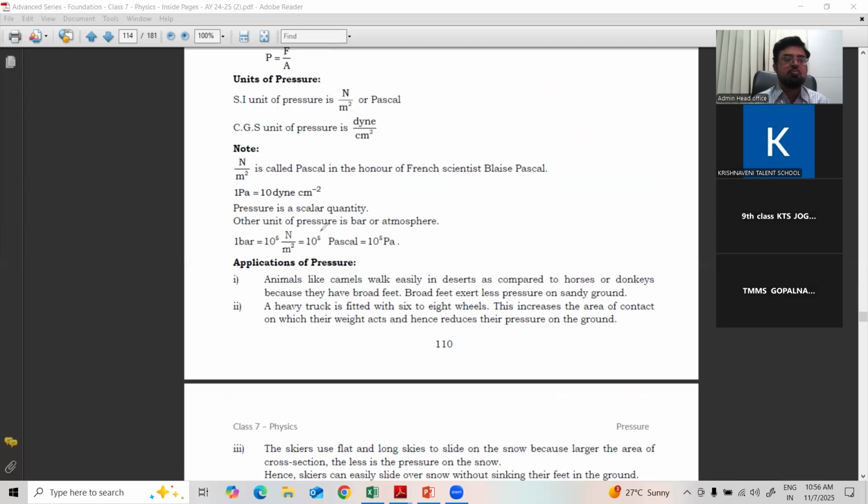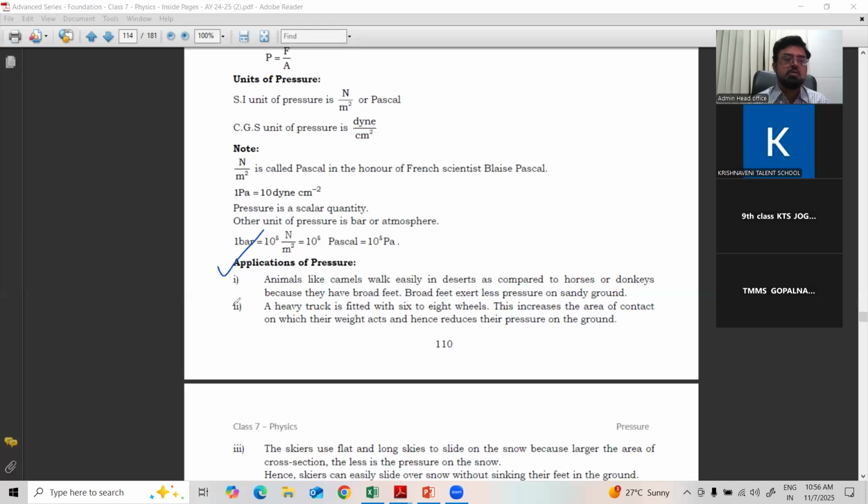So applications of pressure. Where is this pressure applicable, where can we see this pressure? Animals like camels walk easily in the desert as compared to horses or donkeys, because they have broad feet. Broad feet exert less pressure on the sand. A wonderful example.